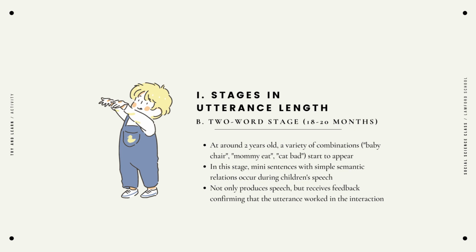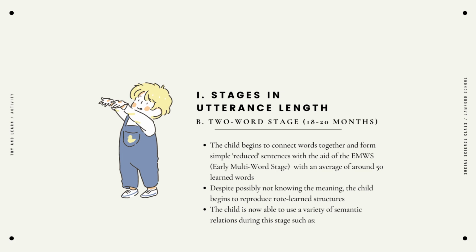And not only are they able to produce speech, but they are now able to comprehend the feedback that they receive, which confirms whether the utterance they made was a success or a failure in the interaction. The child begins to connect words together and form simple reduced sentences with the aid of the early multiword stage. And at this stage, they have an average of around 50 learned words.